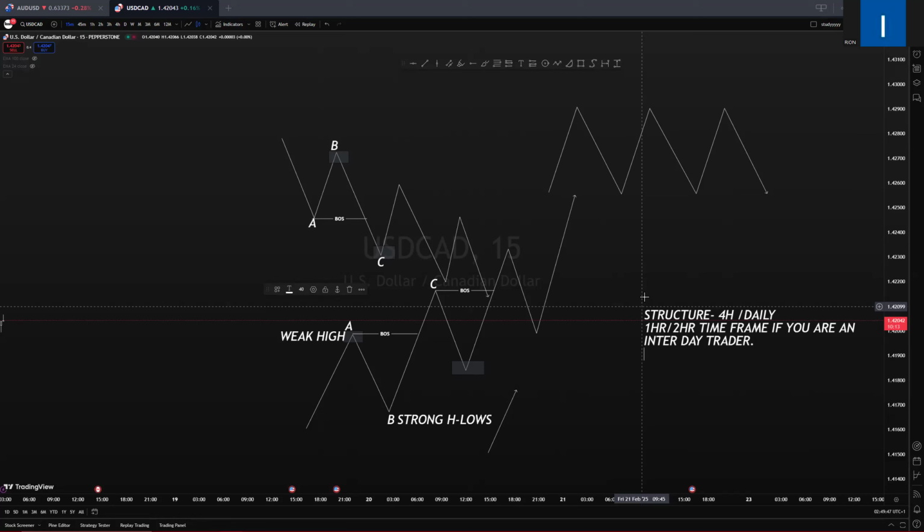Okay. Another good thing to note in identifying proper structure is that you first want to pay attention to how the market is moving.